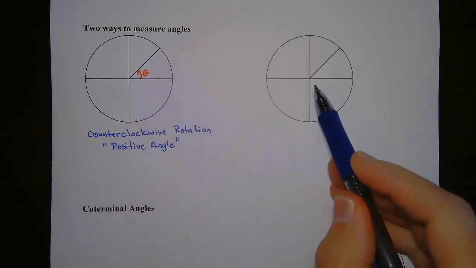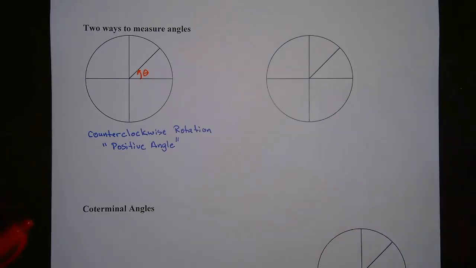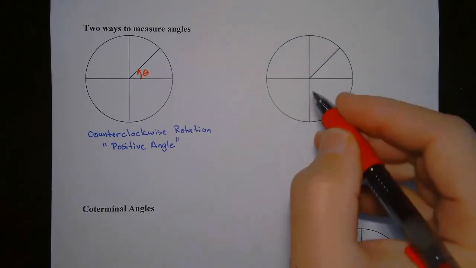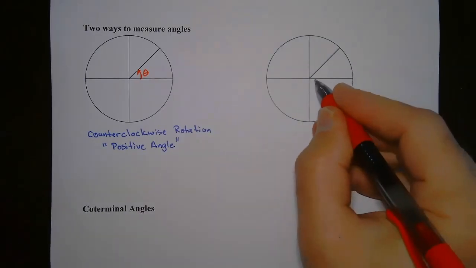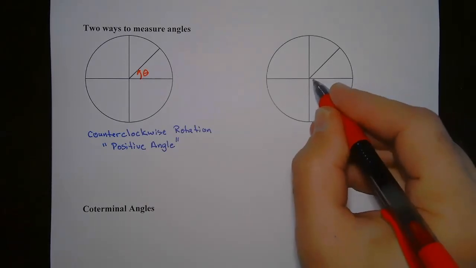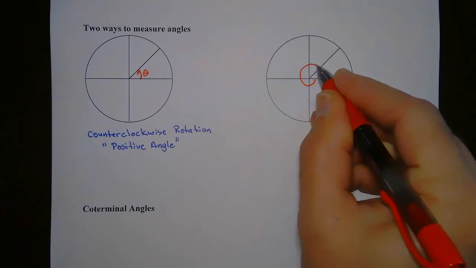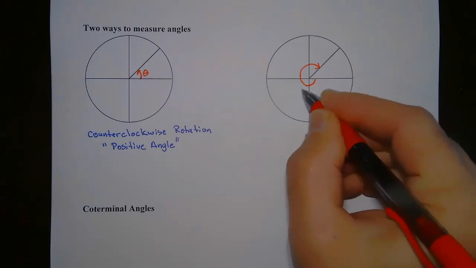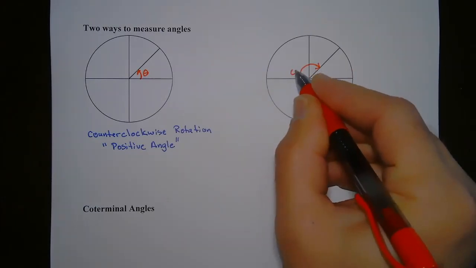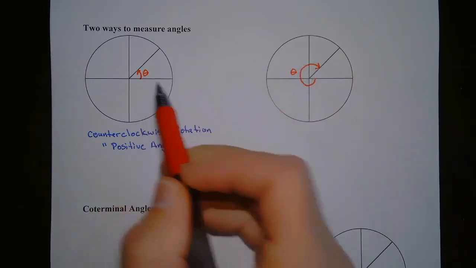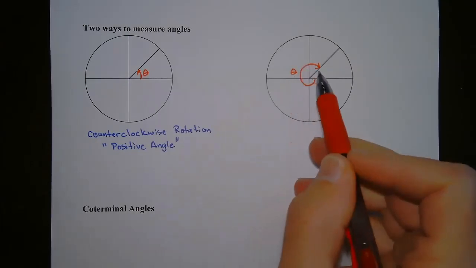Here we have the same diagram, but we're going to rotate clockwise. We start with our initial side on the positive x-axis, vertex at the origin, and we rotate around clockwise until we reach this terminal side. This angle that we rotate is still angle theta. It's a different theta than this one, but it's still called angle theta, the angle we rotate.